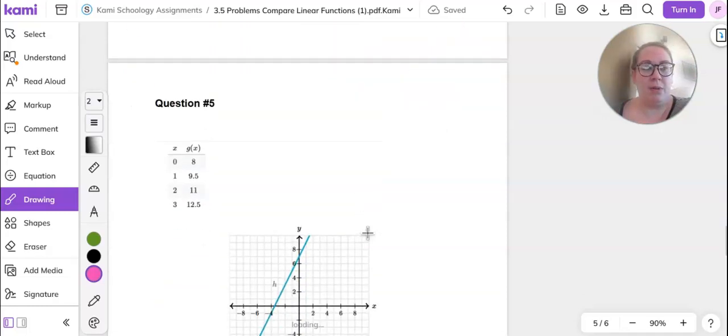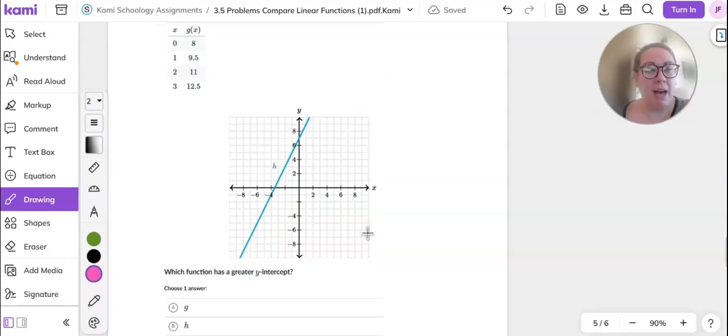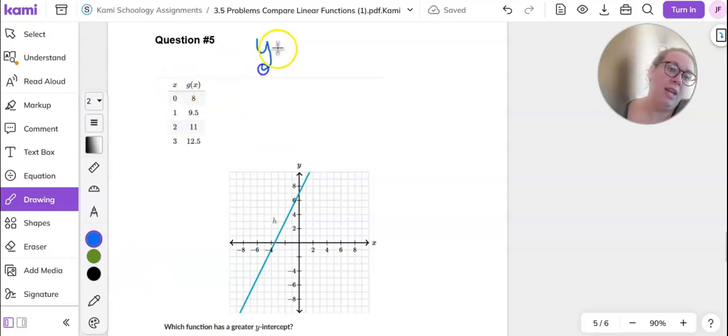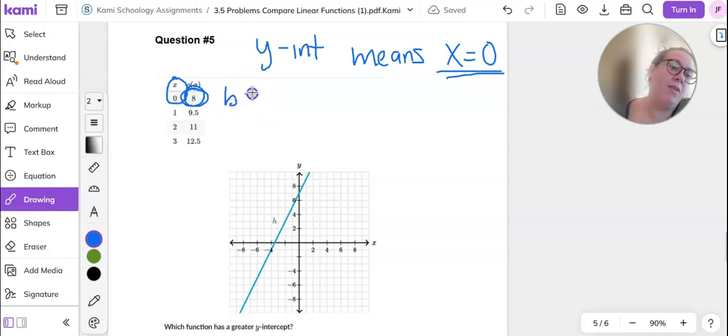Scroll on down when you're ready to question 5. We have a table and we have a graph, and it wants to know which one has the greatest y-intercept. Well, y-intercept, we know, means that our x is equal to 0. So if we look in the table, when x is 0, here's our y value of 8.